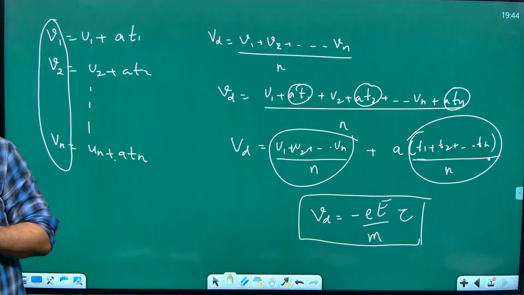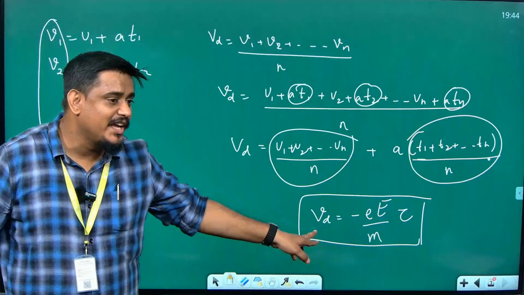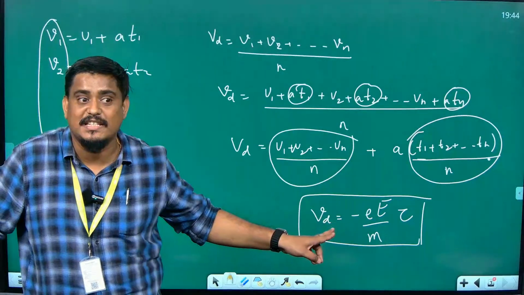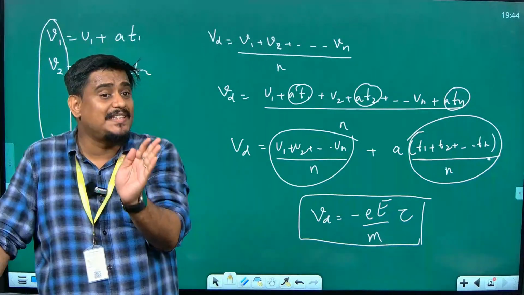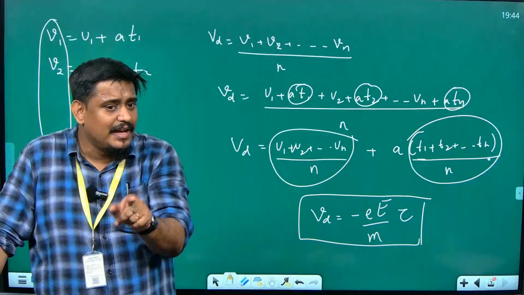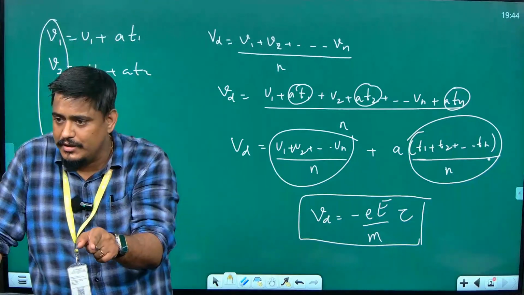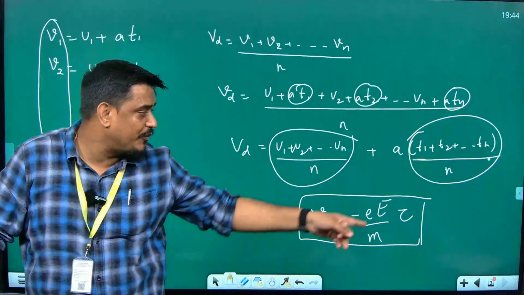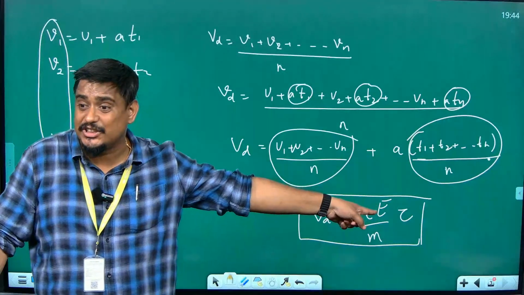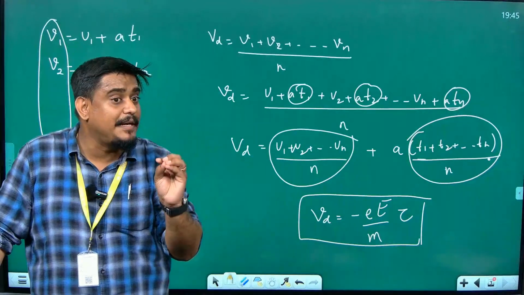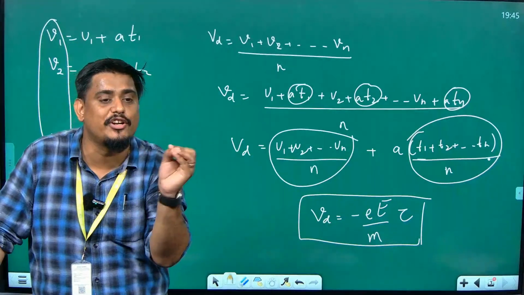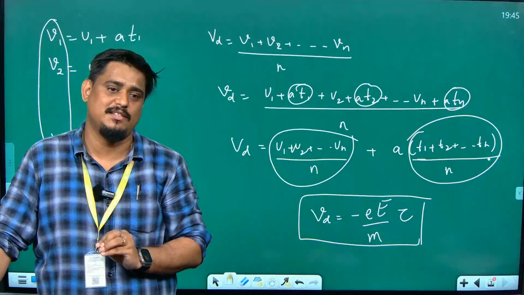So if they ask you to define drift velocity, you will define drift velocity as the average of all velocities with which the electrons are drifted against the direction of electric field. If they ask you to define average relaxation time, you will define it as the average time between successive collisions of electrons.